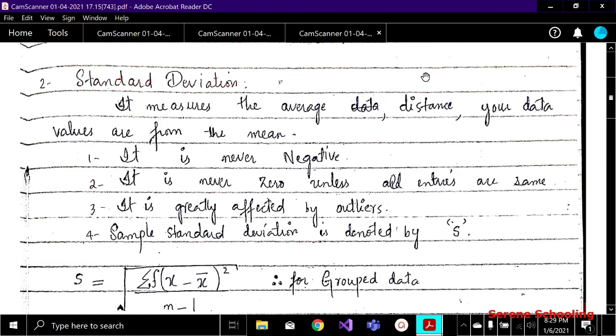The distance of a particular data value, out of all the values, from your mean is the standard deviation. And another thing is that this distance is the average distance, not the exact distance. So here it measures the average distance your data values are from the mean.